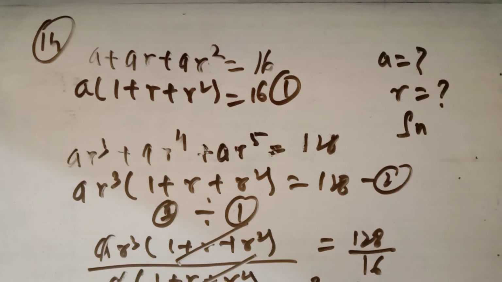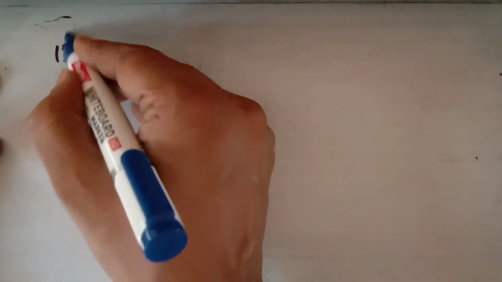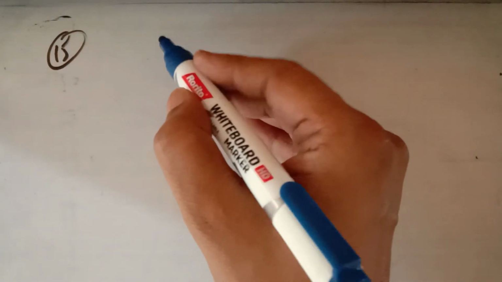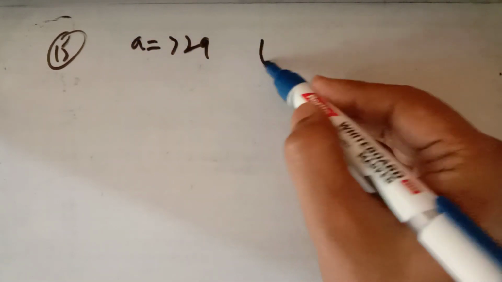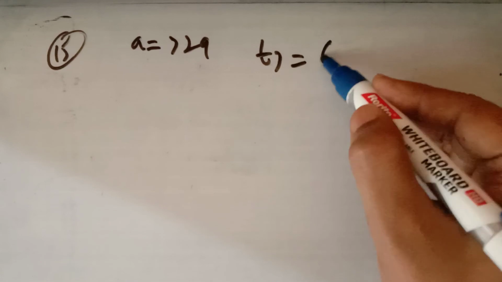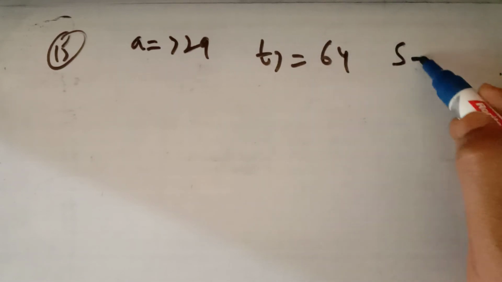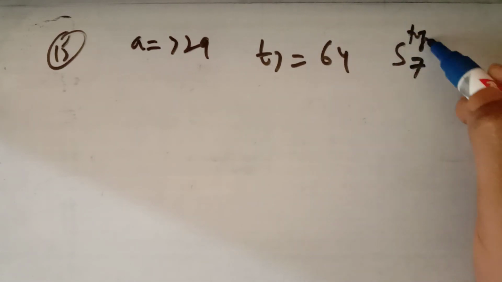Now in 15, the first term of a GP is given. What is given in 15? Its first term is 729, and the 7th term is equal to 64, and you have to find the sum of first 7 terms.